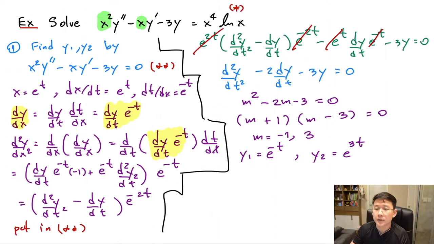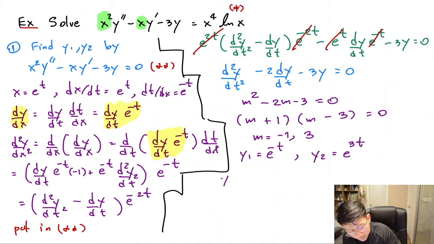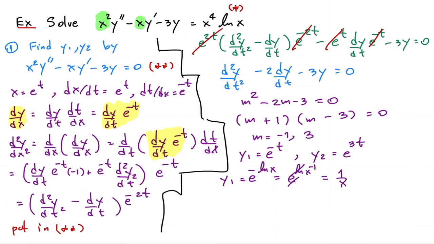Okay, so we have y1 and y2. Okay, but we need to write them down in terms of x, right? So we have that y1 is e to the minus log x, which is e to the log of x to the minus 1, which is 1 over x. y2 is e to the 3t, which is e to the 3 log x, which is e to the log x cubed, which is x cubed.